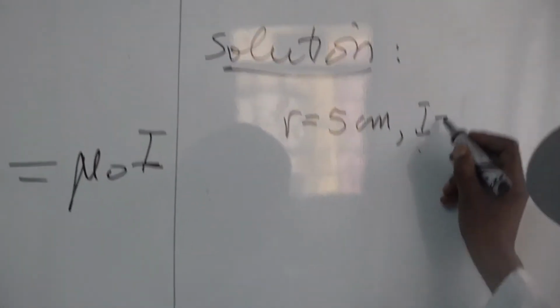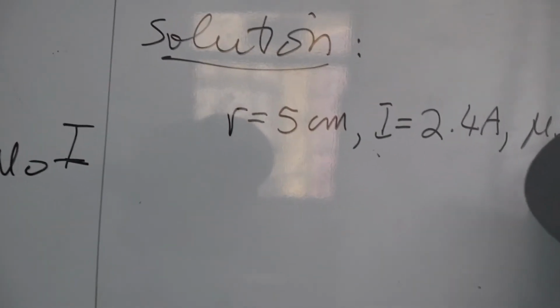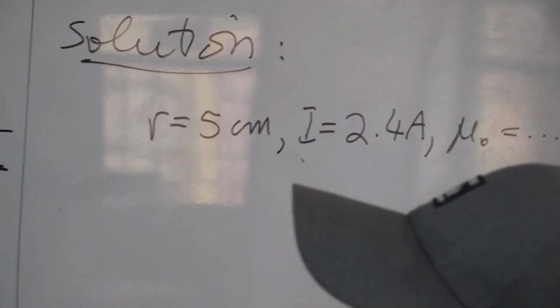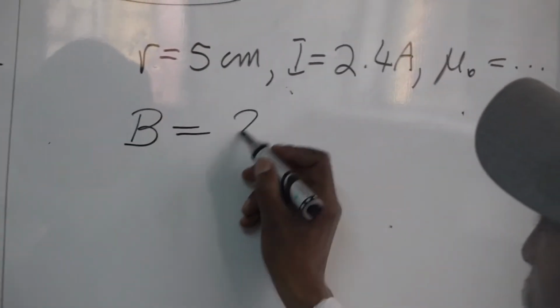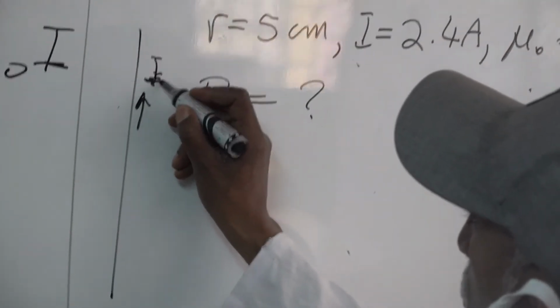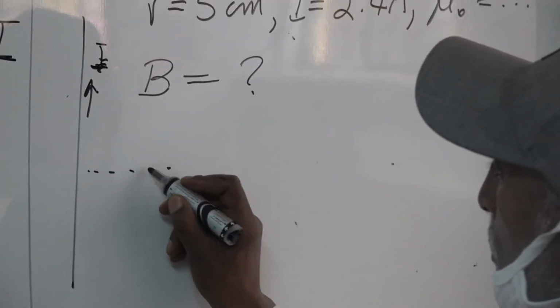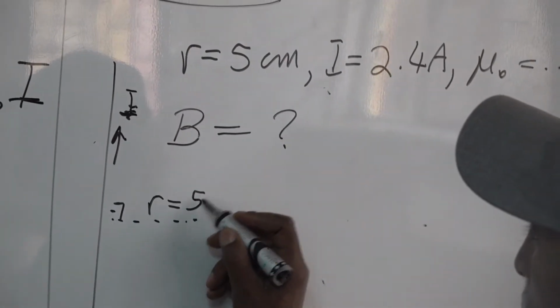The current is 2.4 amperes. Permeability is given somewhere, as you can see, it's also given here. It's a constant. So the required quantity is the magnetic field strength of the current carrying wire at a distance of 5 centimeters. Perpendicular distance, by the way.